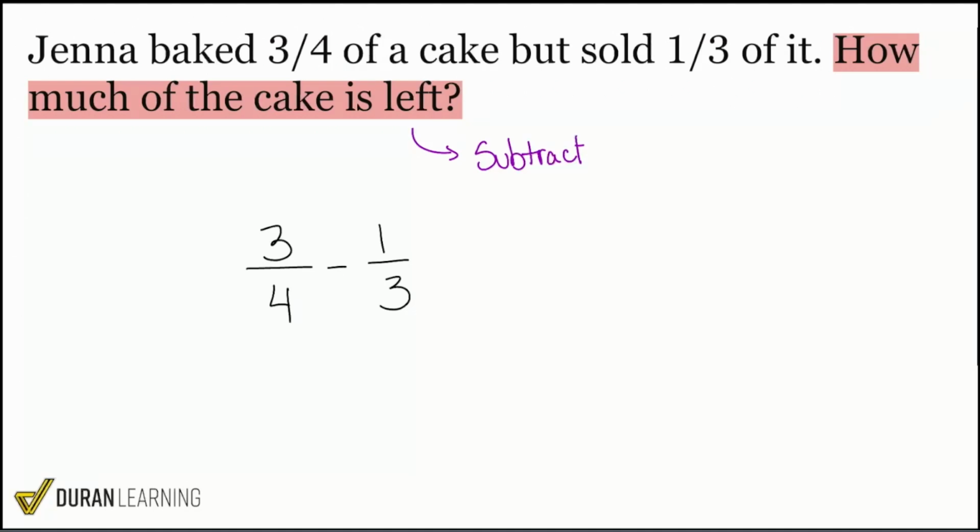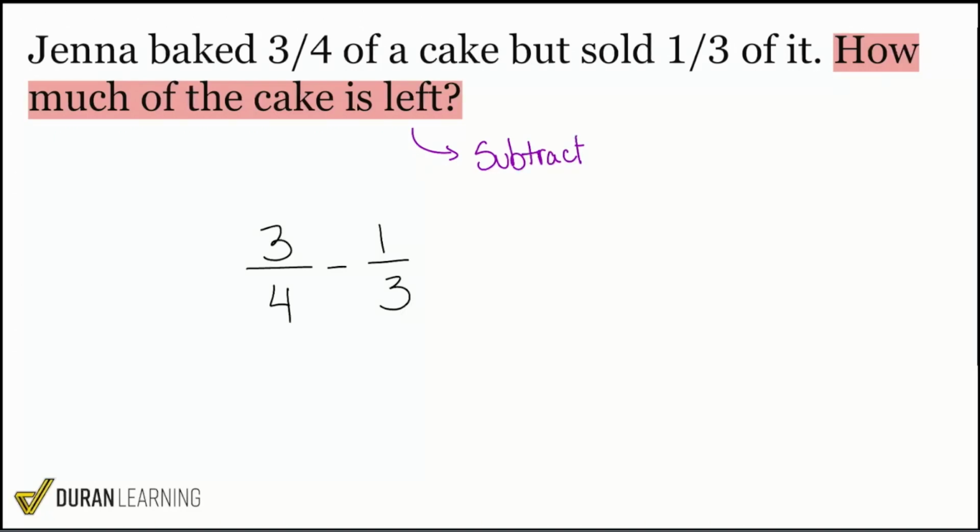Exactly. So, everyone, now that we're at the part where we are calculating, can anybody tell me if we are ready to subtract right away? Correct. We are not ready to subtract right away. Because we do not have the same denominator.